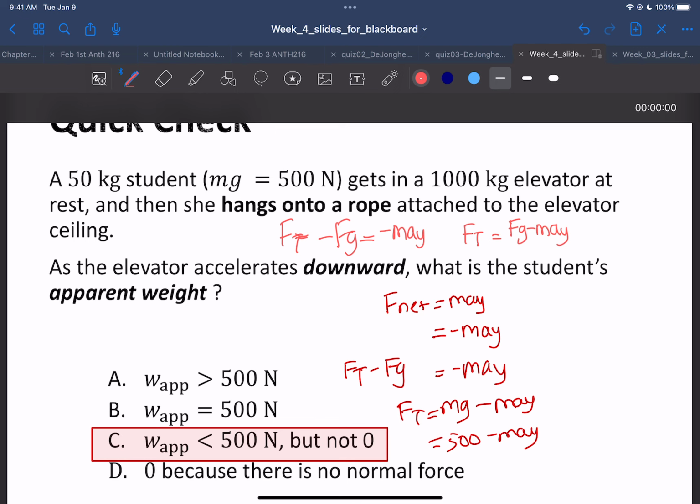And in that case, Fg plus may is equal to tension. So if you're moving upwards like that, the rope might feel a little bit more tense, quote unquote, or it might be stretched a little bit more taut or tight. And if you're moving downwards, it might be a little bit more loose.